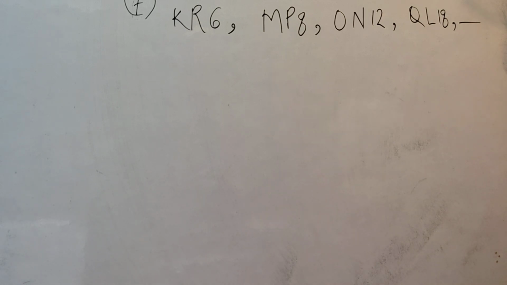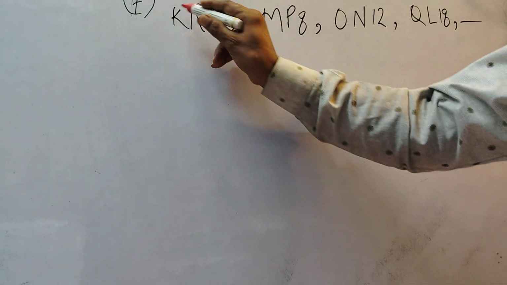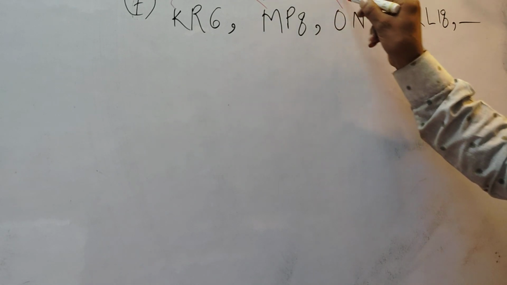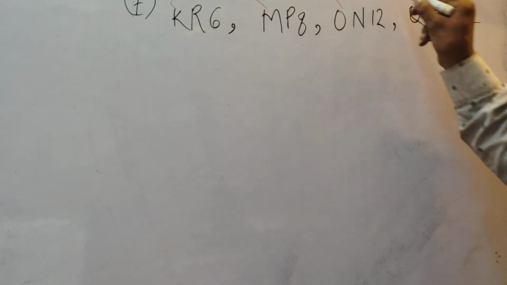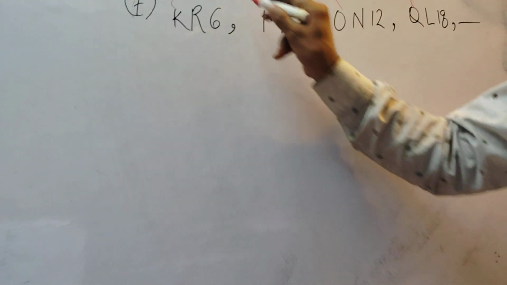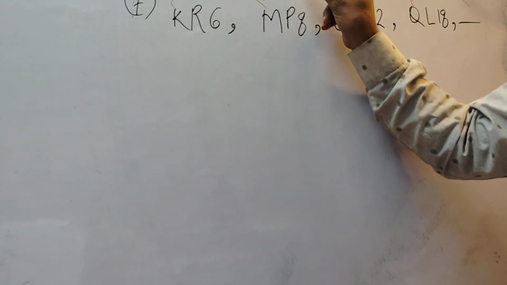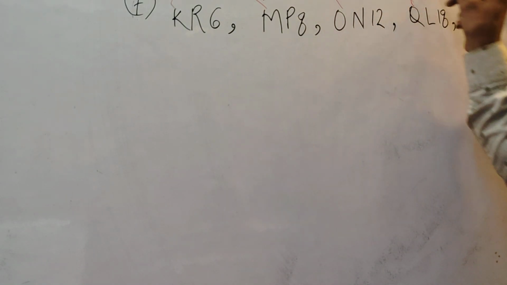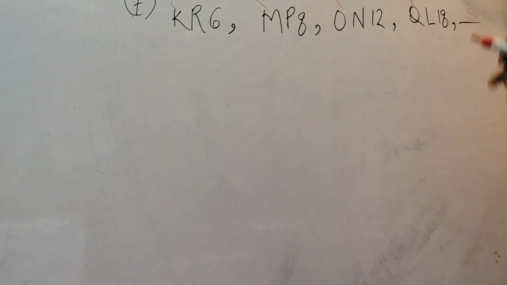So here K to M plus 2 is there, M to O plus 2 is there, O to Q plus 2 is there. So K, L is missing, M, N is missing, O, P is missing, Q, then R is missing, S. S will come.